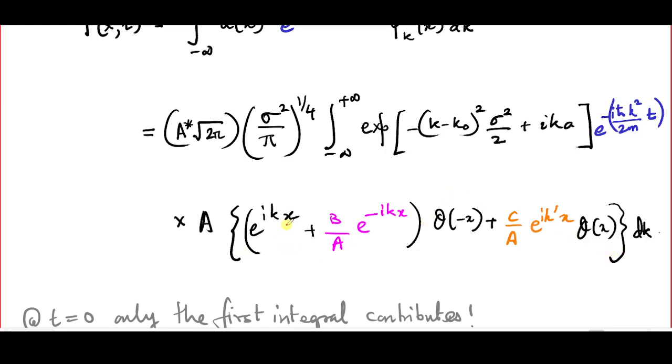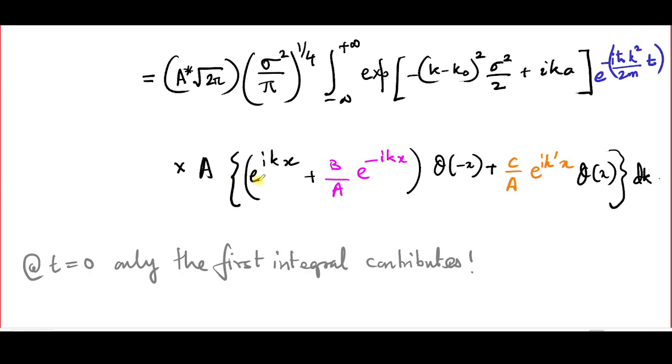Now, there are three pieces here, 1, 2 and 3, and these three pieces contribute to three distinct integrals. At t equal to 0, according to the same kind of arguments that we have given just a while ago, only the first integral contributes.